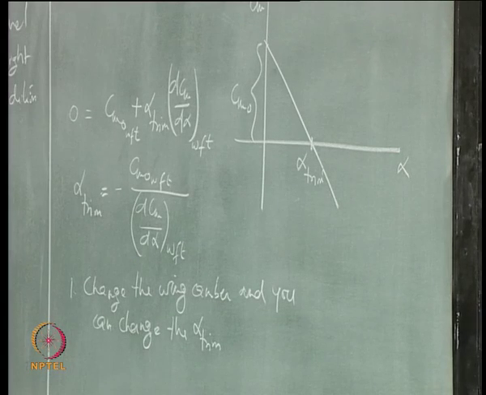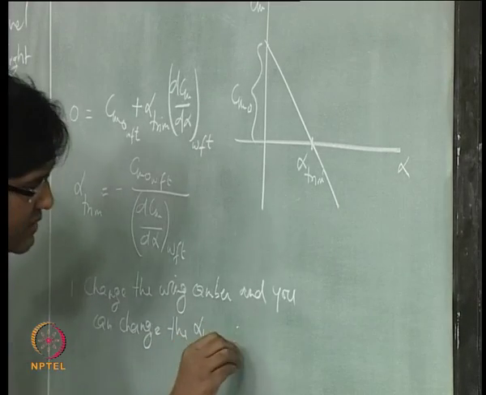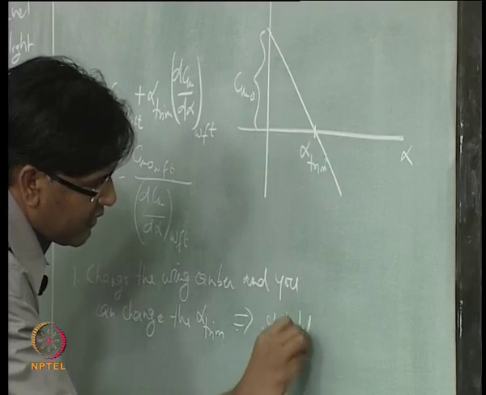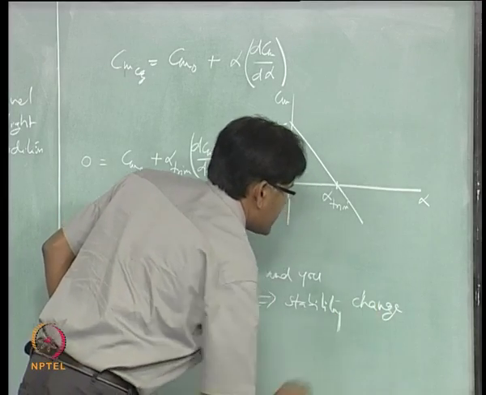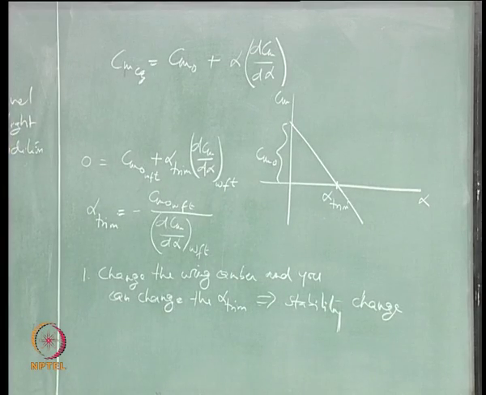When we say that we are changing the wing camber, we are also changing the flow field behind the wing, and that is going to affect the downwash on the tail, and that will have in turn effect on this dCm over d alpha. So stability is going to change. So this means stability change, right.